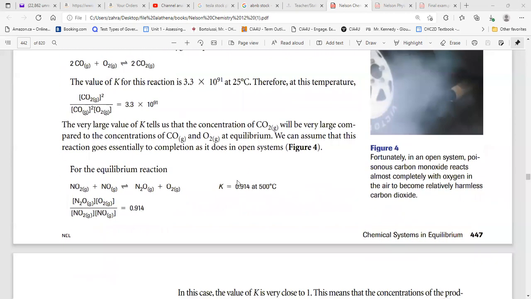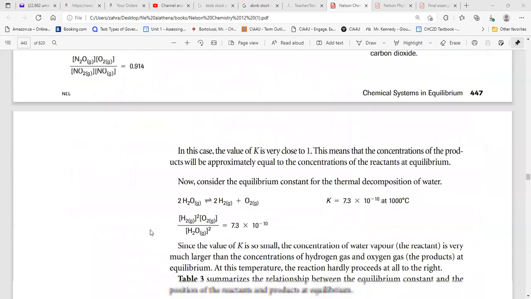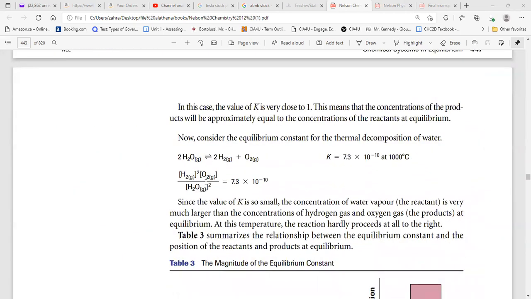If K is close to 1, like 0.9, it means that the concentration of the product is the same as the concentration of the reactant. That's why writing them is going to give you 1. If K is very small, it's just saying that the denominator is very big.